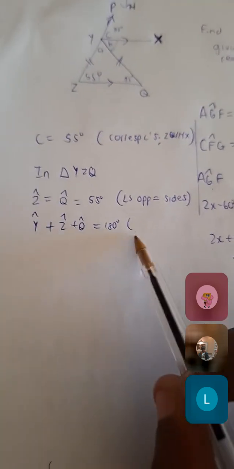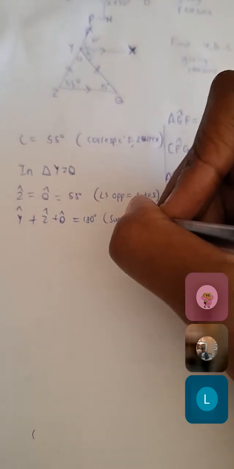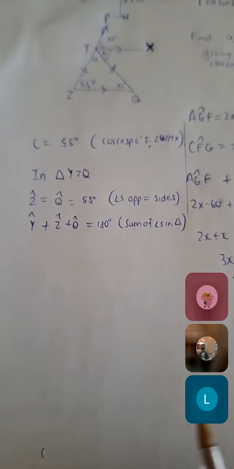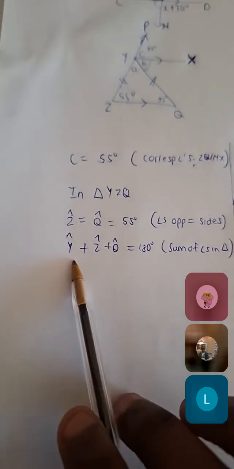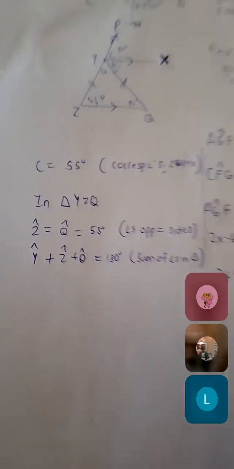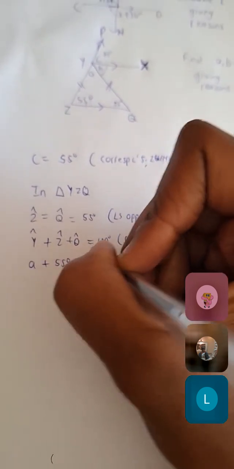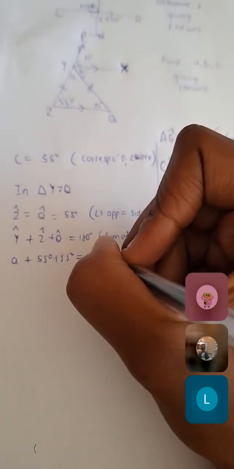So which one did you want me to write here? Sum of angles in a triangle. All right, there it is, an acceptable reason. A plus 55 degrees plus 55 degrees is equal to 180 degrees.